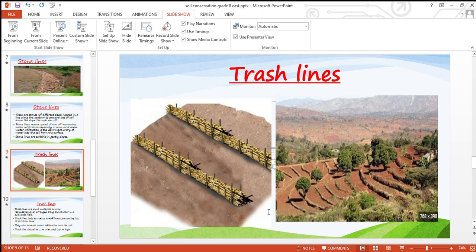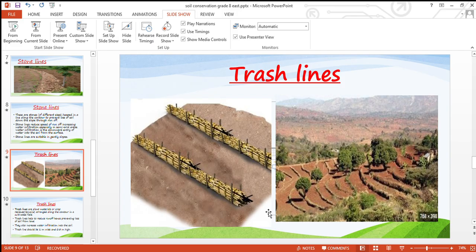Now let's look at the next method. Trash line. Look at that picture. We have picture A and picture B on the whiteboard. You can see these are dry maize stalks in picture A, or dry grasses which have been put.